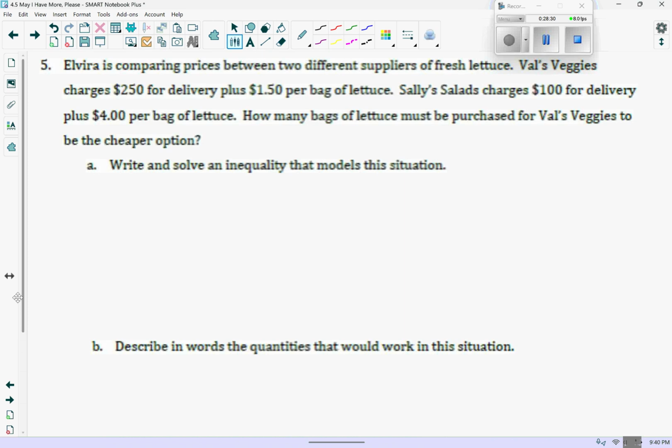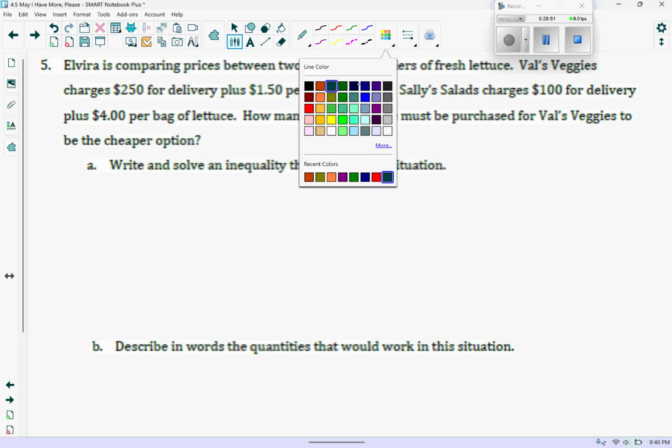All right, so now she's comparing prices between two different suppliers of fresh veggies. She's got Val's Veggies that charges $250 for delivery plus $1.50 per bag of lettuce, and Sally's Salads charges $100 for delivery plus $4 per bag of lettuce. How many bags of lettuce must be purchased for Val's Veggies to be the cheaper option?